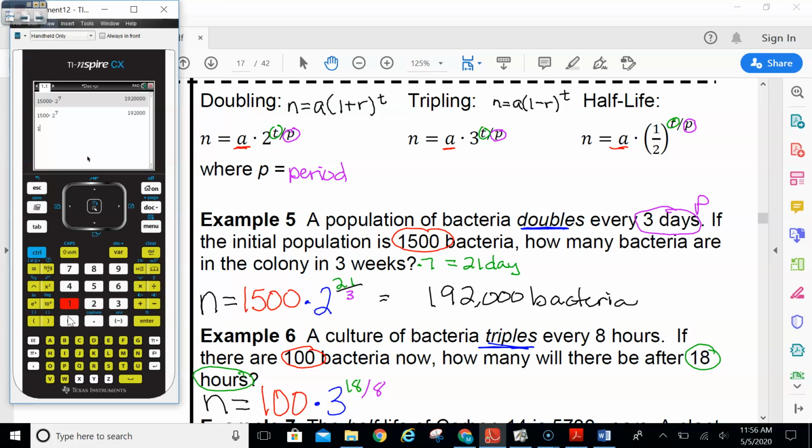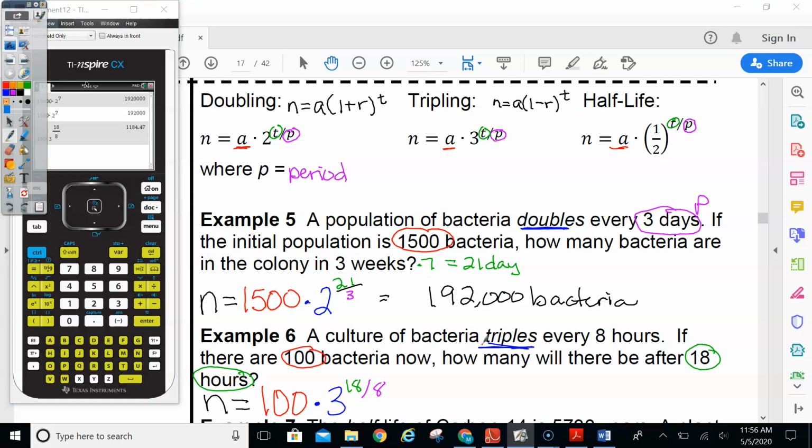So 100 times 3 to the 18 divided by 8. And we get this decimal, 1184.47. But since we're dealing with bacteria again, we round to the nearest whole number. So 1,184 bacteria.